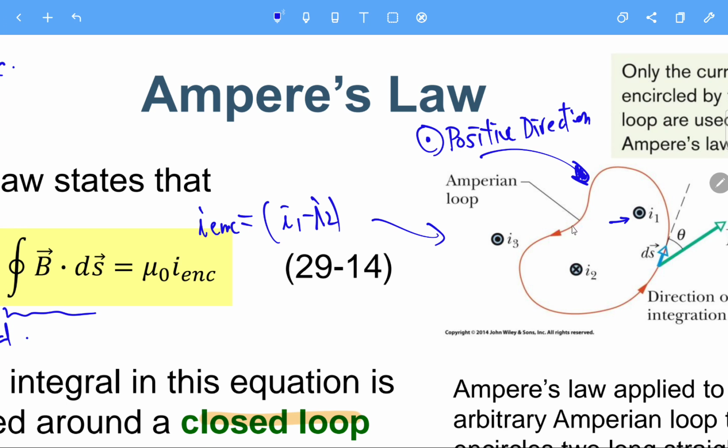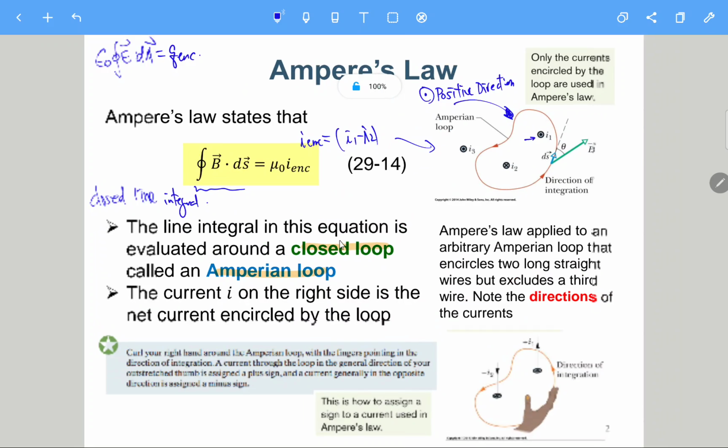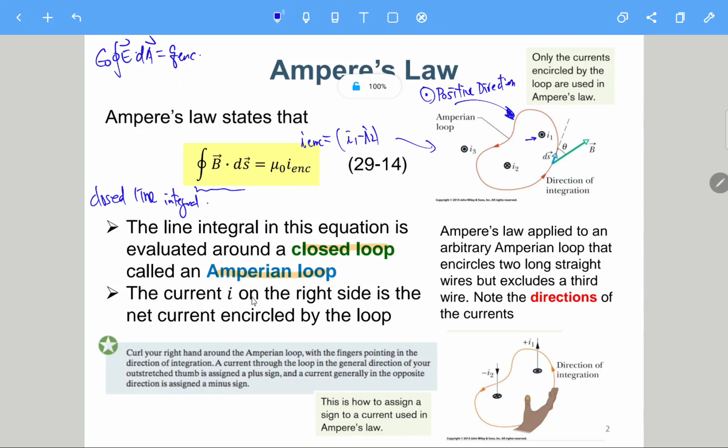So according to the direction of the loop, you can determine the positive direction, and then you count all the current enclosed by the loop. If it is the same as the positive direction, then it is positive. If it is opposite to the positive direction, then it is counted negatively.